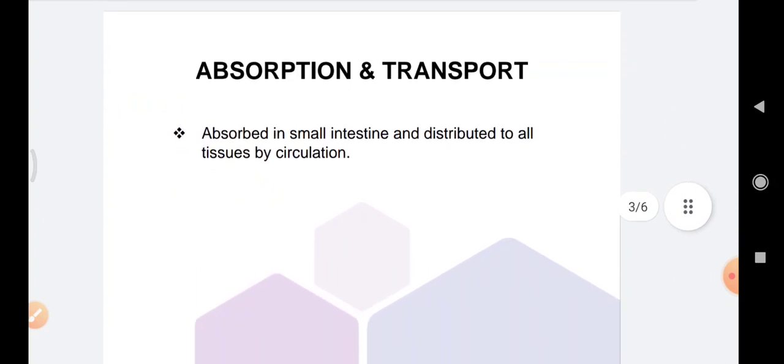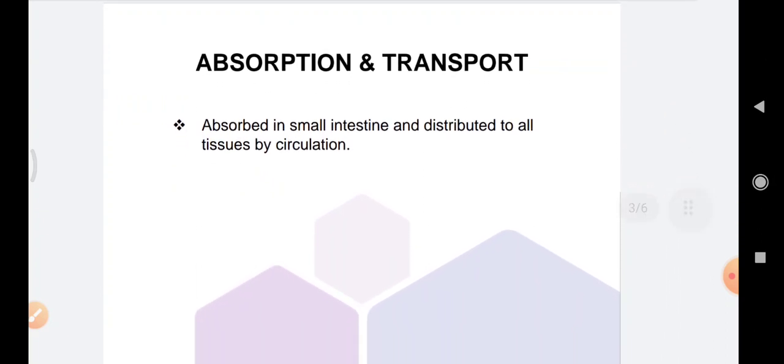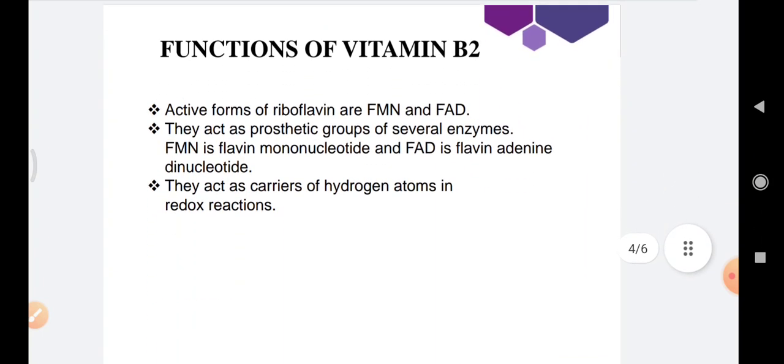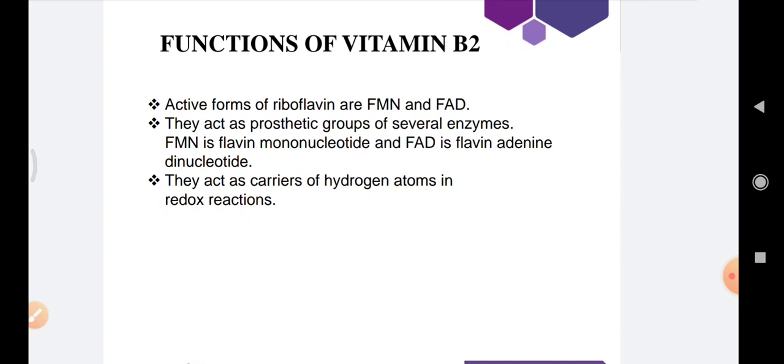Coming to the absorption and transport, vitamin B2 or riboflavin is absorbed in the small intestine and distributed to all tissues by circulation. Now coming to the functions of vitamin B2.